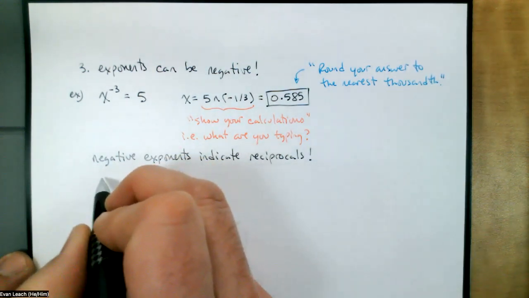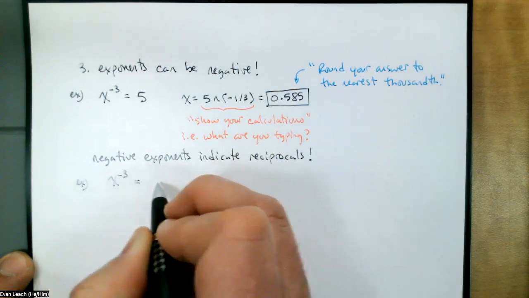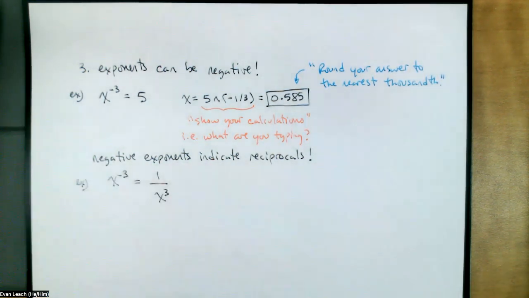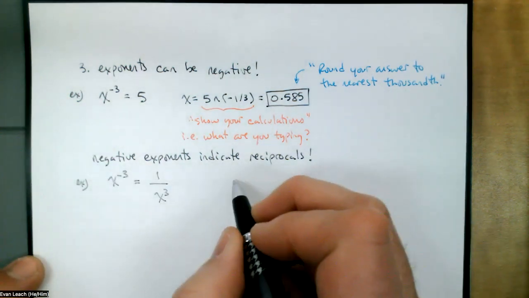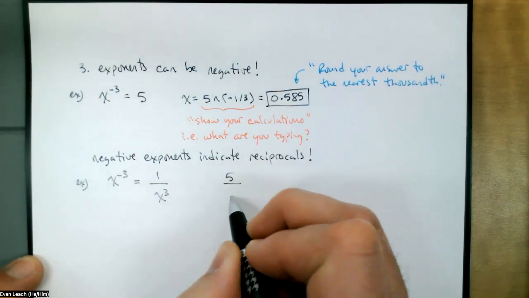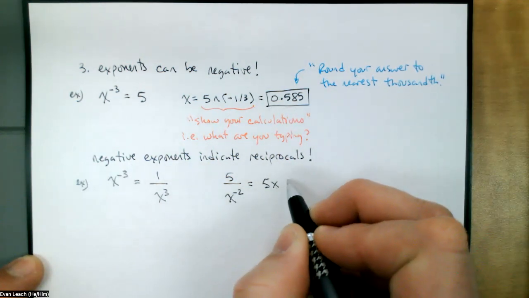So what that means is that if we have x to the negative third, that means 1 over x to the third. A negative exponent in the numerator is a positive exponent in the denominator. A negative exponent in the denominator is a positive exponent in the numerator.